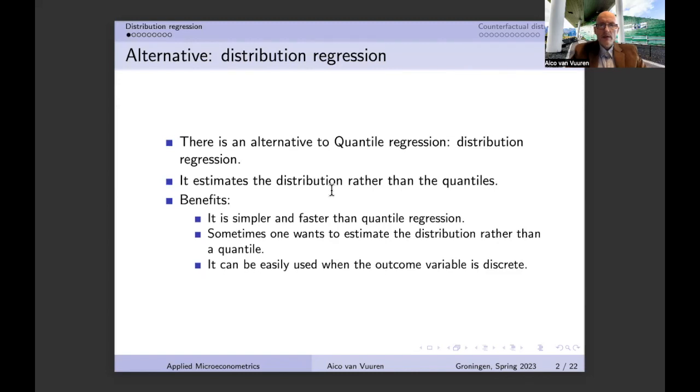In order to say something very briefly about distribution regression, that's actually possible because we now know that in quantile regression, what we want to do is estimate the conditional quantiles. And therefore, it is not that difficult to understand that what we would like to do in distribution regression is estimate the conditional distribution.